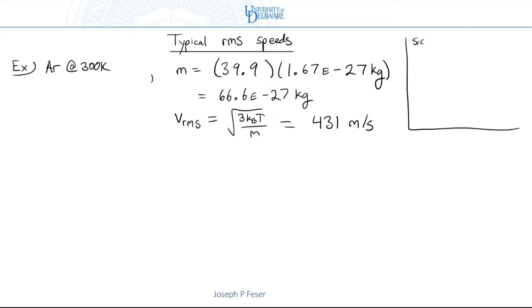As a side note, how fast is that compared to the speed of sound in a gas?